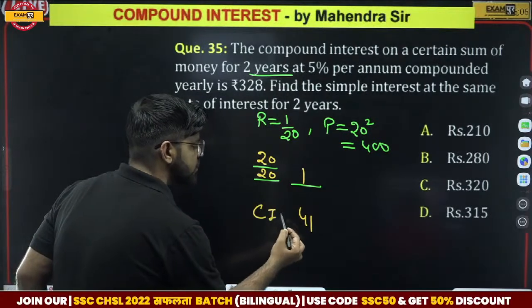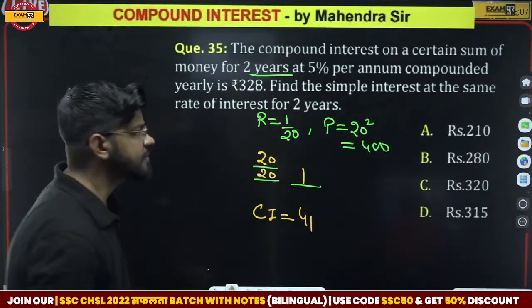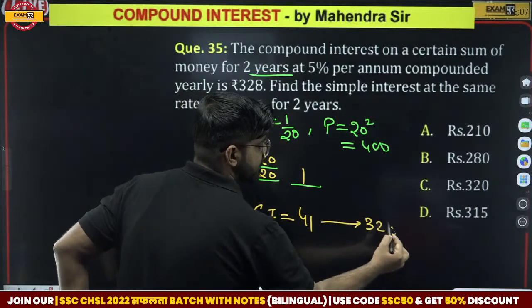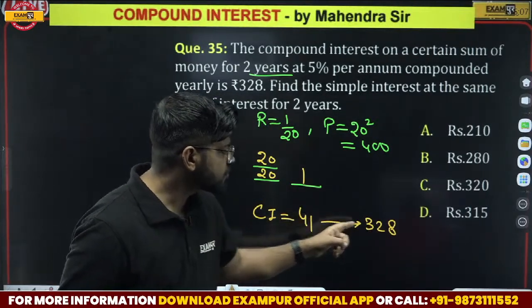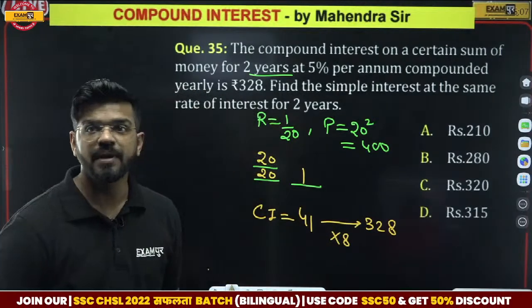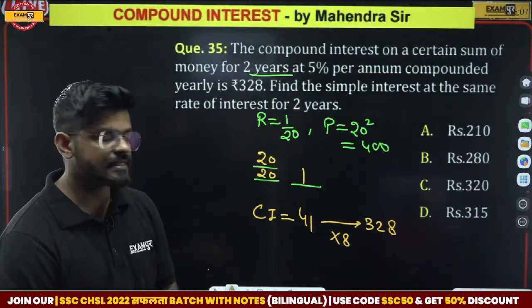CI. But the question is saying CI is 328. You can easily say that 8 ones are 8, 8 fours are 32, that means it is multiplying by 8. So my multiplying factor is 8. Clear?